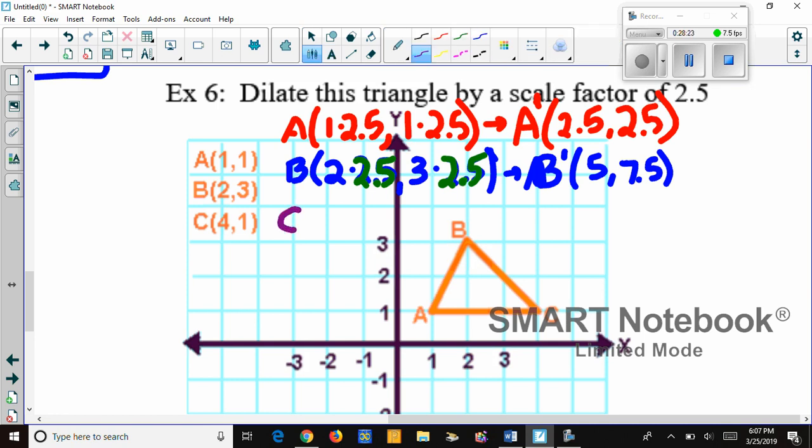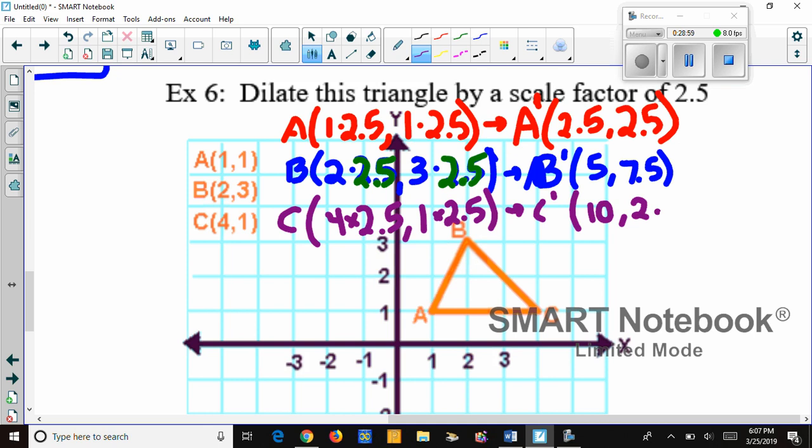C, which is at 4, 1, I'm going to take each number and multiply it by the scale factor. To find C prime, which is at, let's see, 2.5 times 4 is 10, comma, 2.5.